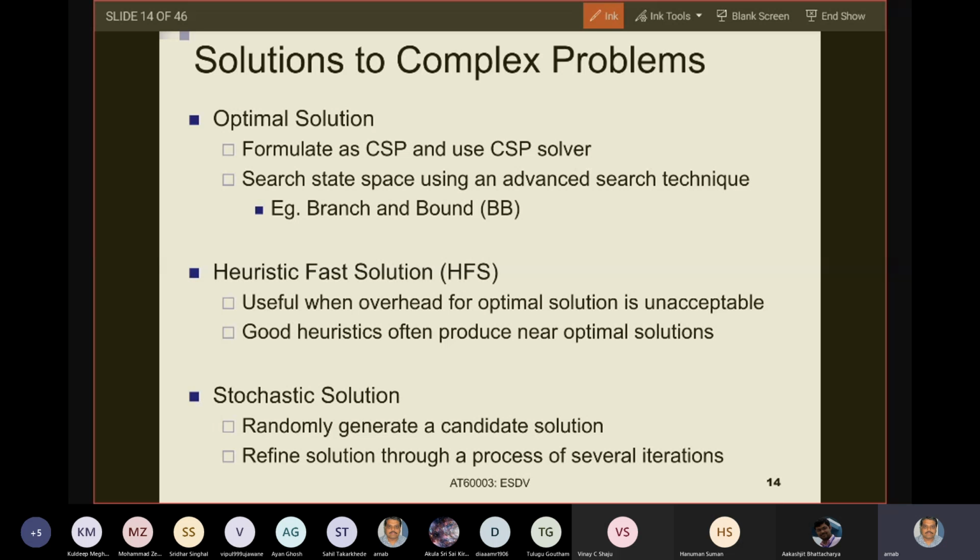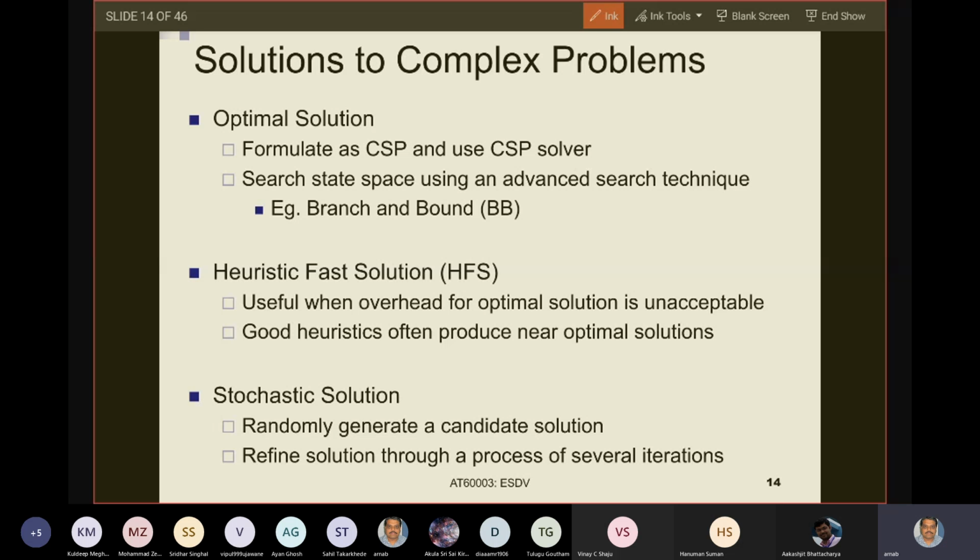It is not very easy to find. Why am I not saying impossible? Because I don't know whether P equals NP. If you understand that term, fine; if you don't, it does not matter. What I want to mean is that there is no easy way of finding out which of the tasks should be implemented in software so that the hardware area cost of the remaining tasks will be minimized.